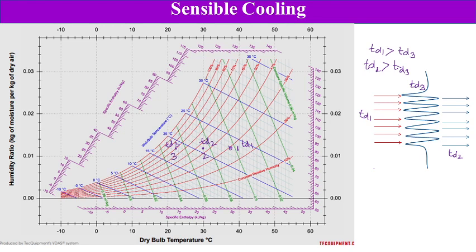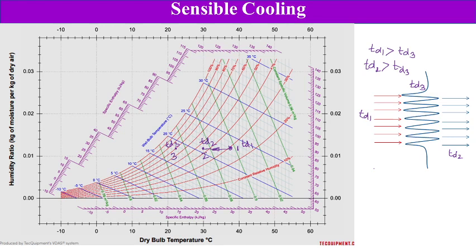When hot air is passed over the coil, its temperature reduces from TD1 to TD2, whereas the temperature of the cooling coil is TD3. So this is called a cooling process.